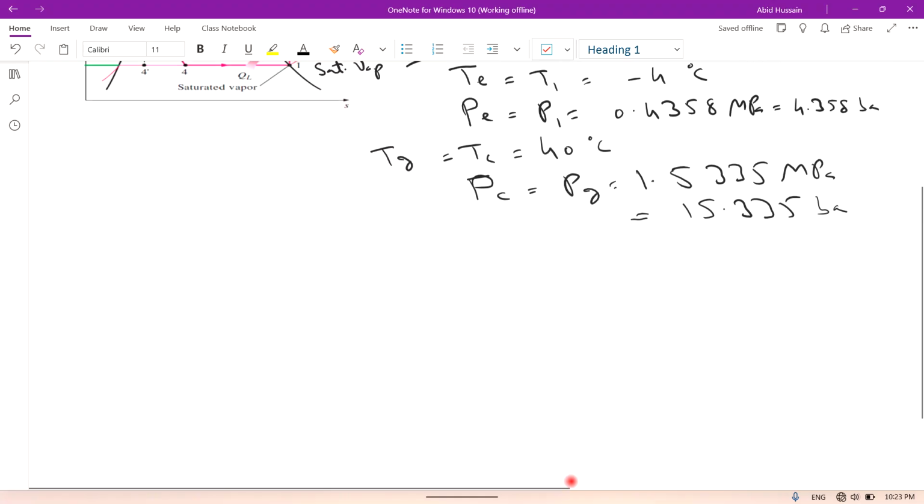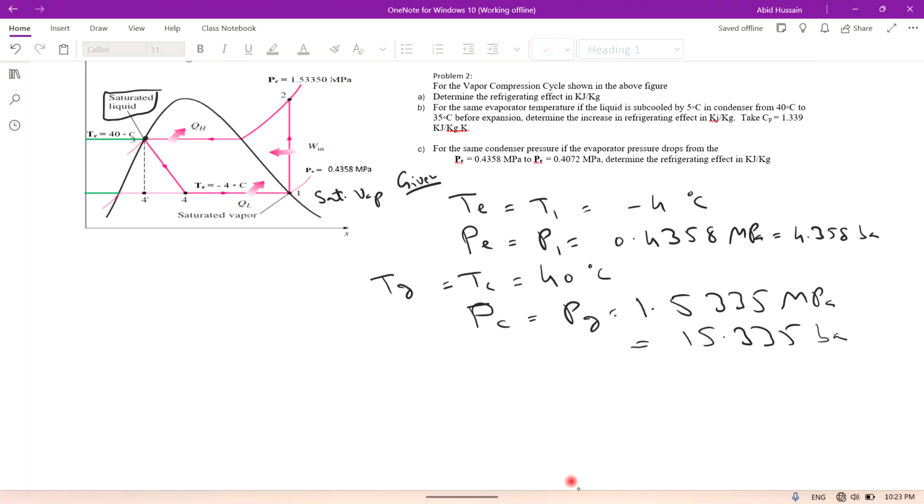Now at part A, determine the refrigeration effect. Refrigeration effect at point A is required. And B, for the same temperature, if the liquid is subcooled by 5 degrees centigrade, then find the increase in refrigeration effect.